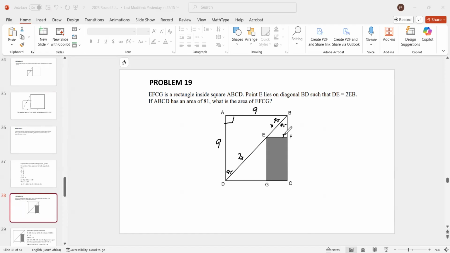Now, if you look a little bit further, here this is 45, and in the small triangle this must also be 45 because you've got a right-angled triangle there. So this too is 45. So it means that these are equal.